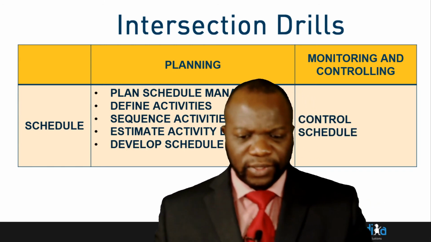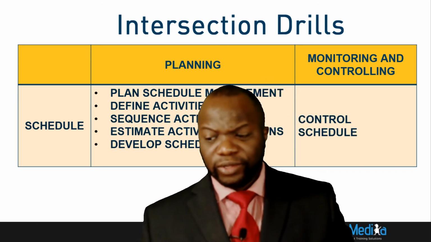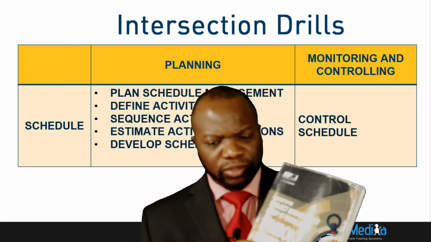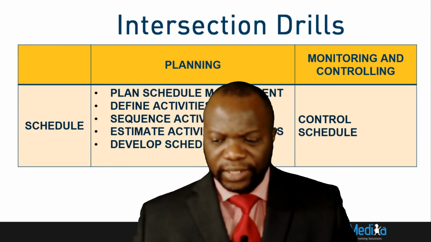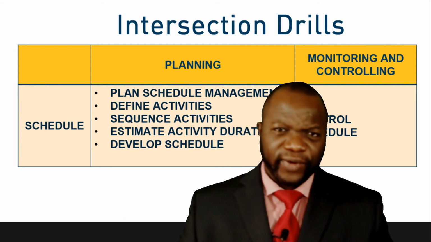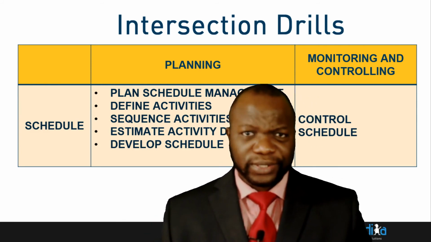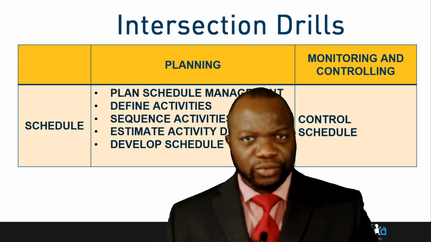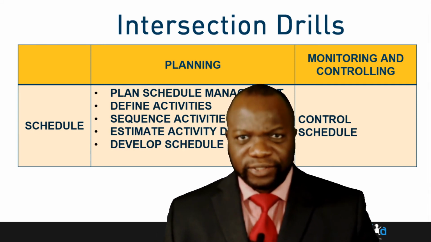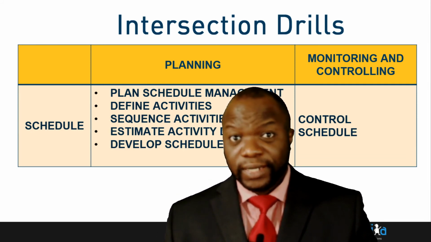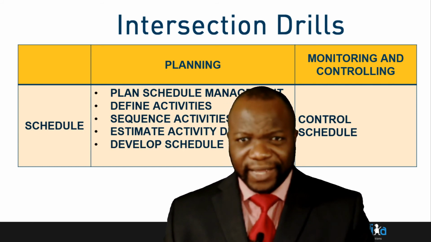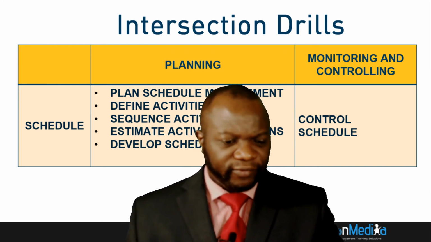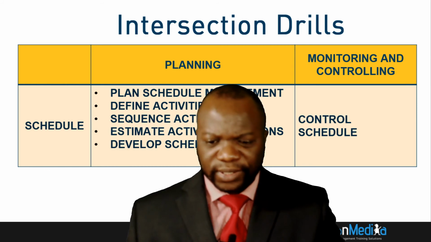Bear in mind, when you read the PMBOK guide, you got to remember that in chapter 6, 6.5 and 6.6 have a lot of similar tools and techniques and approaches, but you absolutely need to know that you do not have a live schedule to tweak until you are beyond planning, right? And that's why monitoring and controlling for the schedule, that's where the final process is, control schedule, okay?